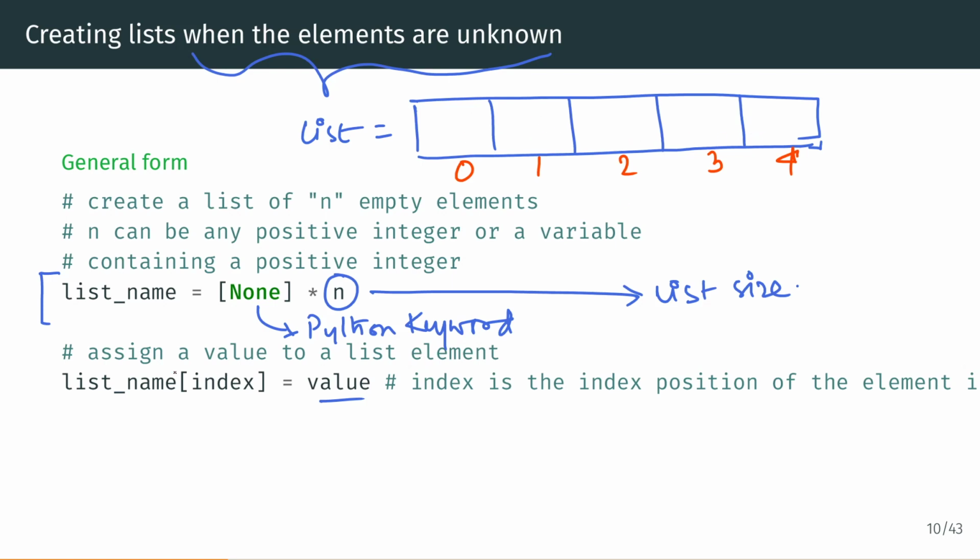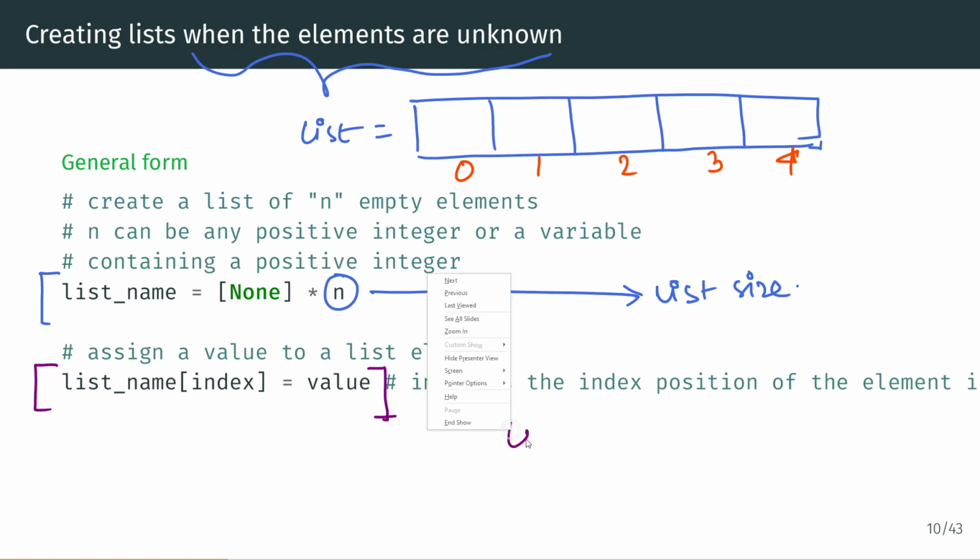The next thing we do is, for each of these list elements, we assign a value by its index. You say the list name, then the index, equals a value.